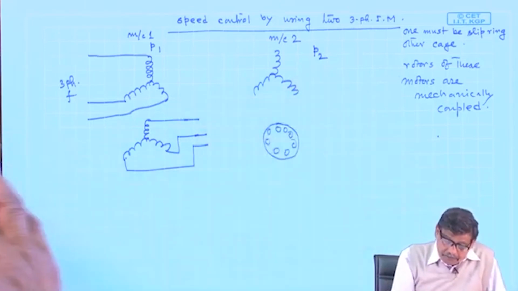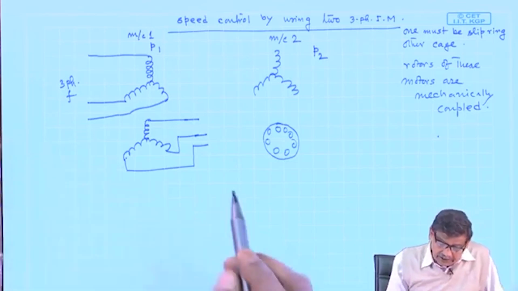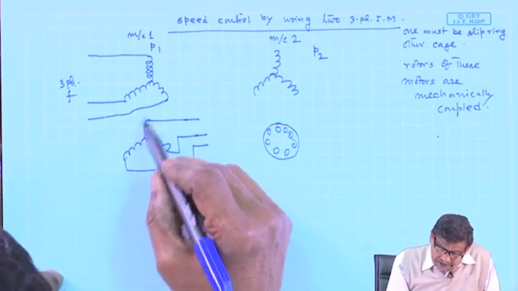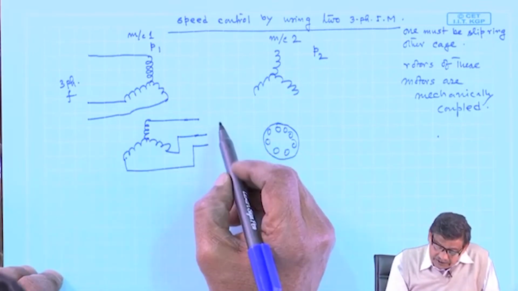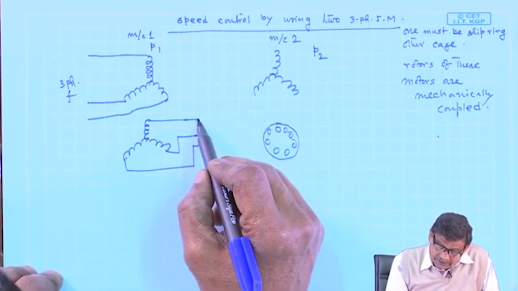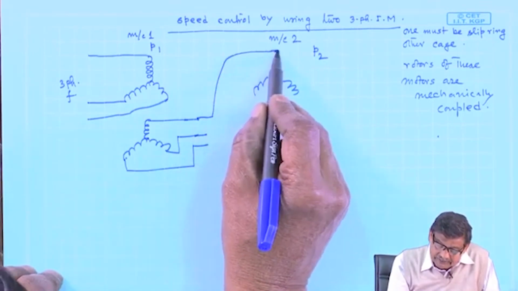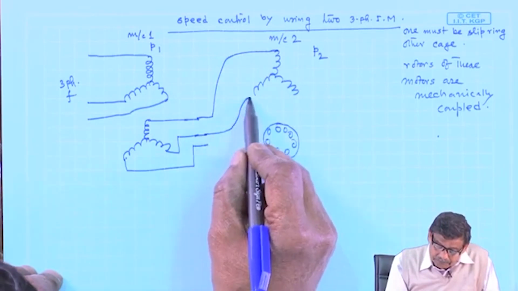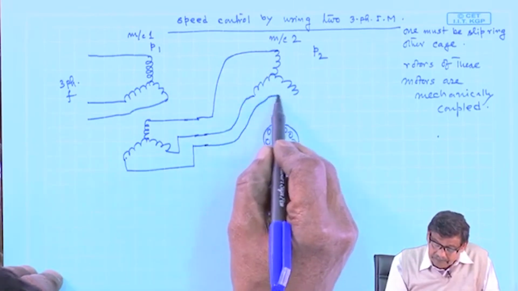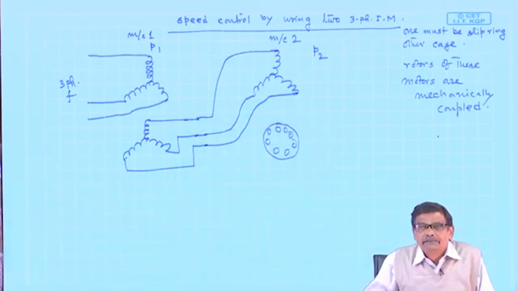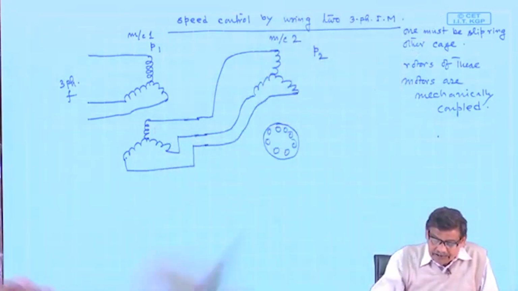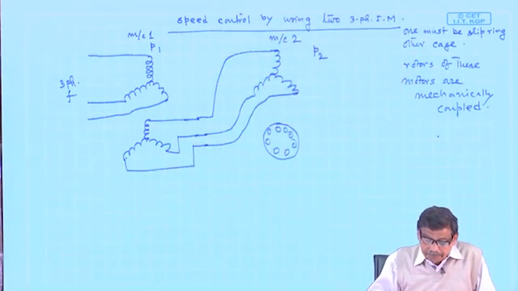Now, what is done? The rotor of the first machine will supply the stator of the second machine. That is how it is connected.